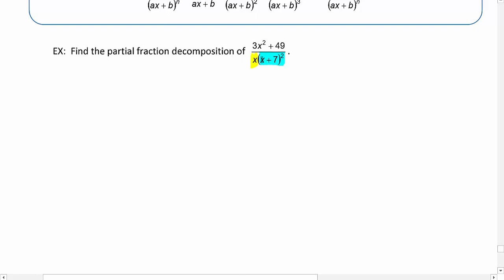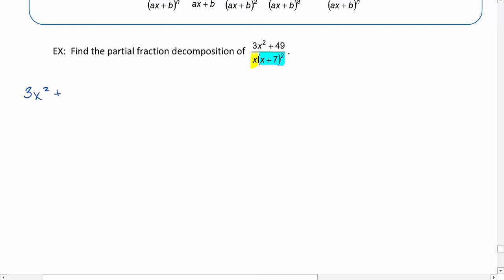This is actually going to take 3 fractions. We're going to have one fraction with a denominator of just x with a constant numerator. Then we have to deal with the repeating linear factor, where we're going to start with just x plus 7 raised to the first, and then build up to that x plus 7 squared.